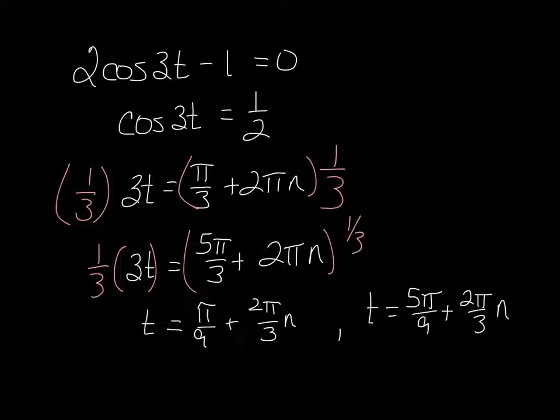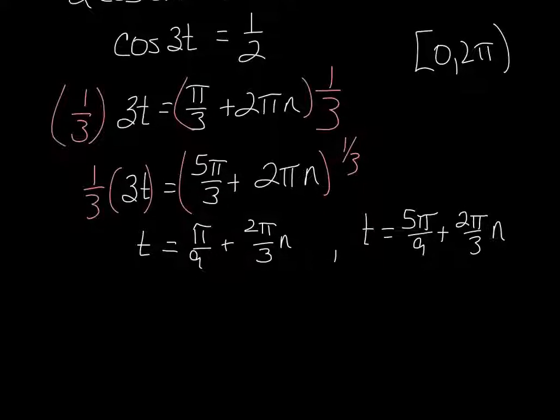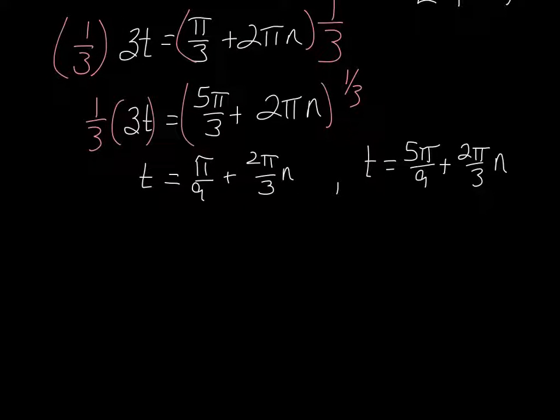All right, now that would be all solutions. Let's see what we might have to do if we are restricted between 0 and 2 pi. Obviously, t could be pi over 9 when n is 0.